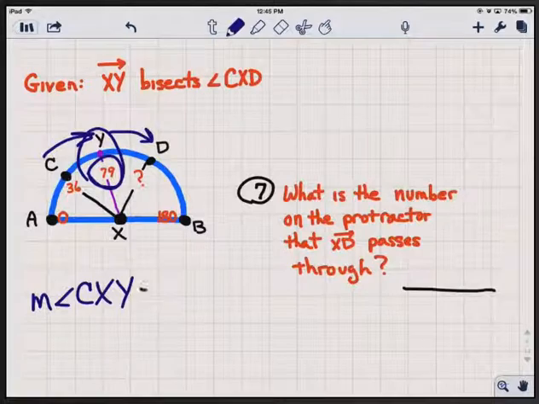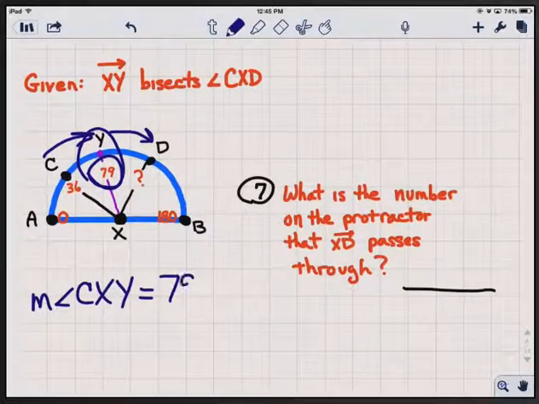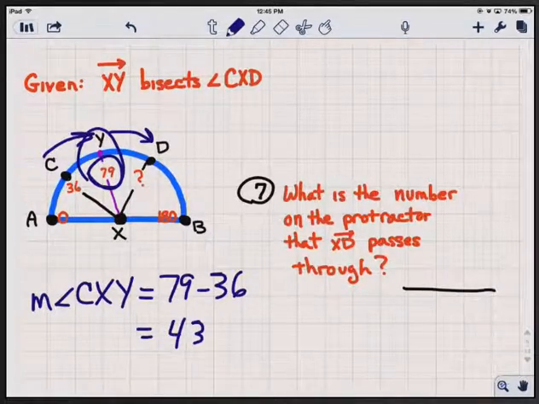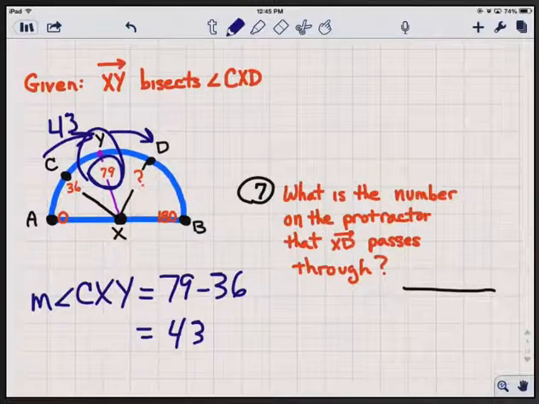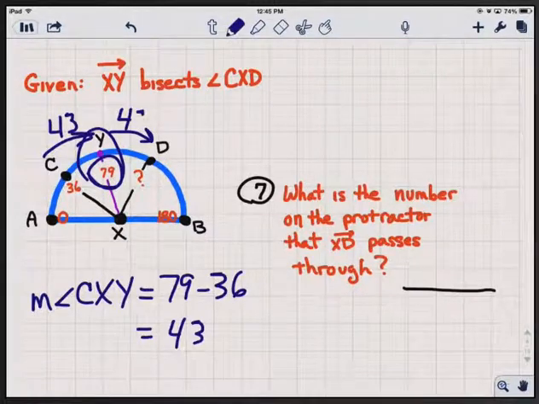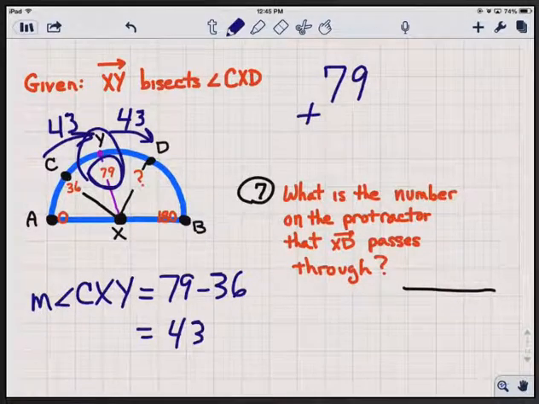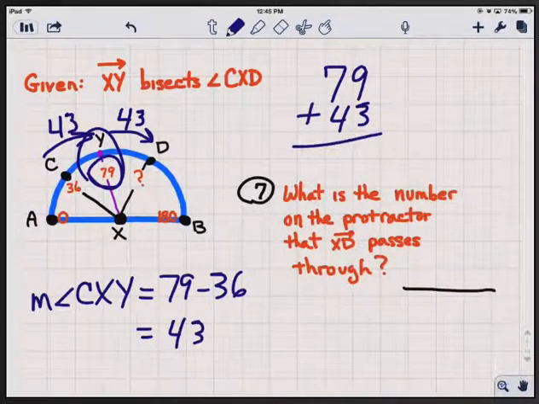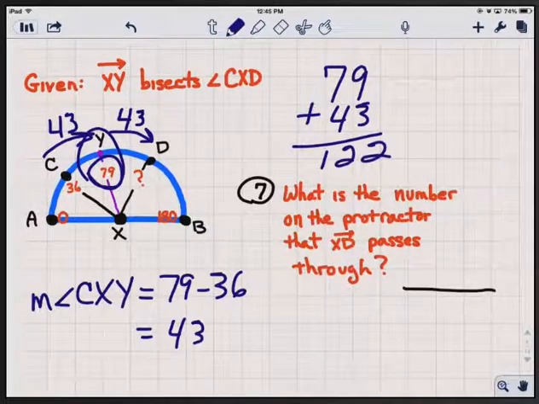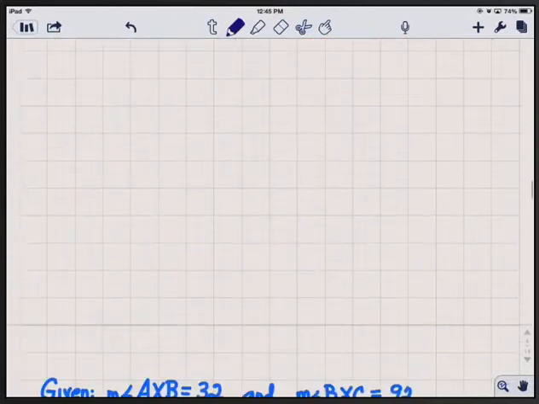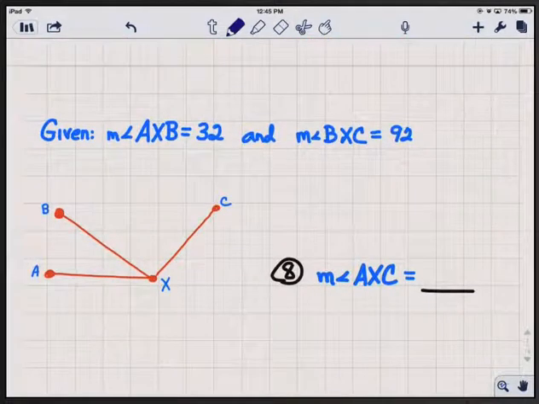To find that, we subtract 79 minus 36, and we get 43. So now, if this angle on the left is 43, the angle on the right, angle YXD, has to be 43. So if you start at 79 and go to the right 43, you end up at 122. And you can check that answer. Next problem.